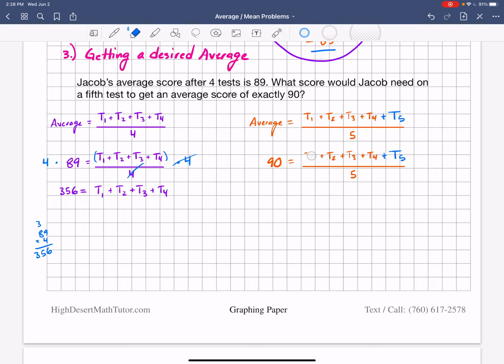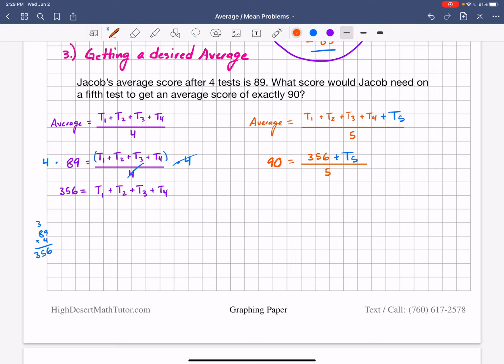Now we can go ahead and plug that information into this problem. So 356 plus the 5th test divided by 5 is what the average is going to be. Now, we are 100% set up to answer this question.